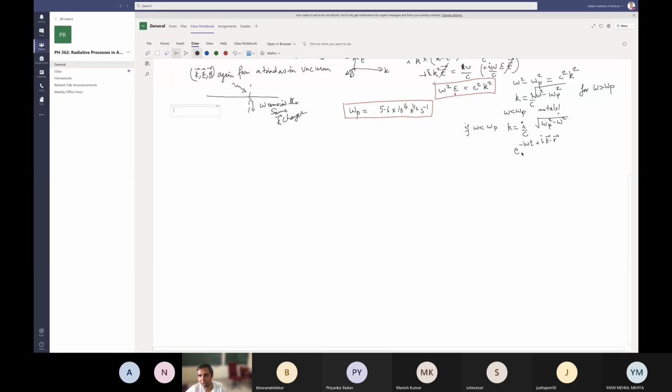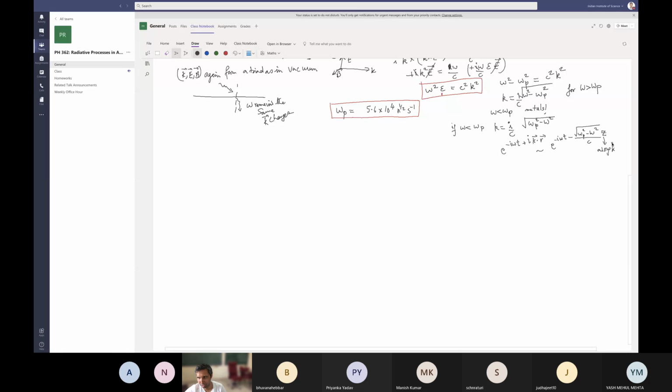So this goes as e to the minus i omega t minus the square root of omega p squared minus omega squared by c times x, or times z if you're moving. So this is along k, along the direction of the incident wave.